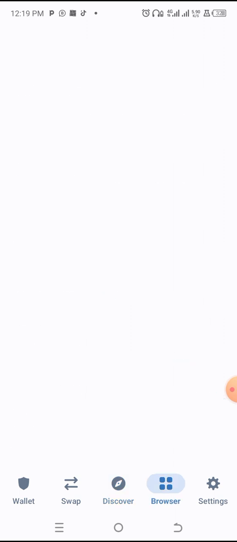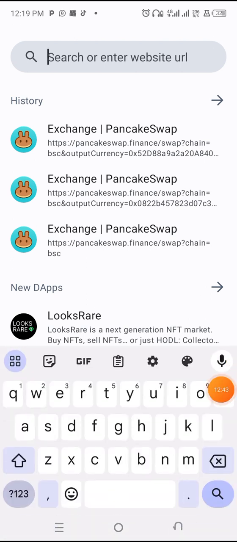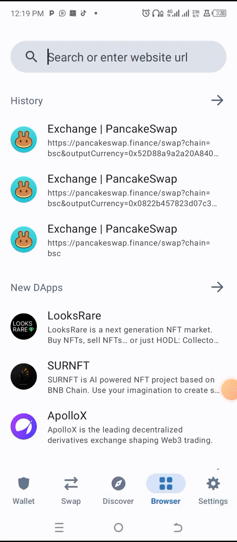On Trust Wallet too, you have a browser section where you can use a browser, just like the way I posted the Uniswap link. You can always come here at the top side and drop your link here. Instead of using the traditional browser, you can use the decentralized browser on the Trust Wallet platform. You understand?